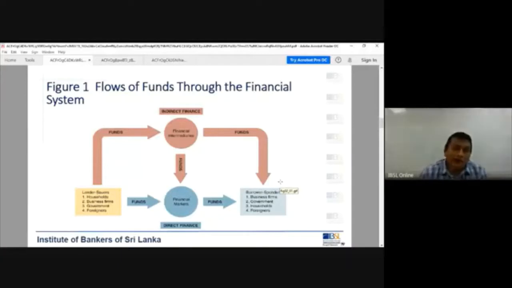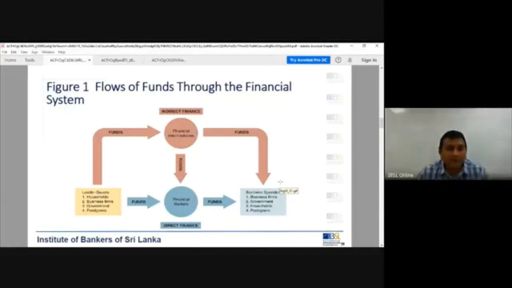So you have stakeholders in any economy. You can put them on one side as savers. They are the surplus entities. Actually, they are the ones who lend out funds. So there you probably see households, businesses, the government, and external parties, including foreigners.